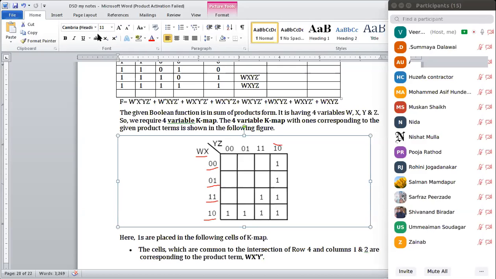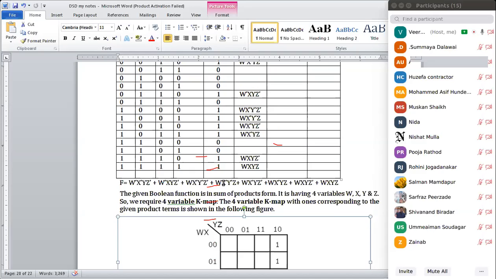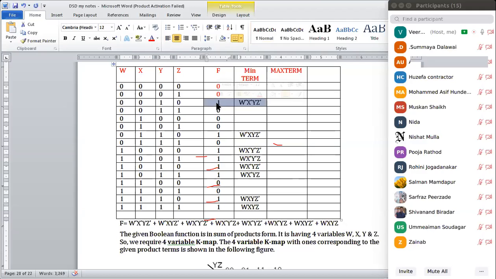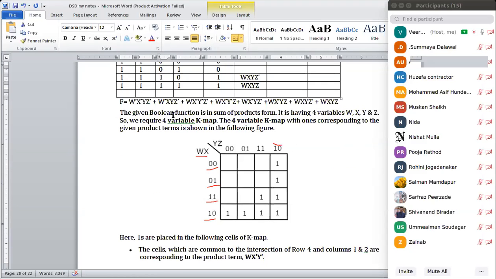Now write it as, where I have this first term as a 1. What is this? W bar, that is WX is 00 and this is YZ 10. So the intersection of 00 and 10 is first row, last column.